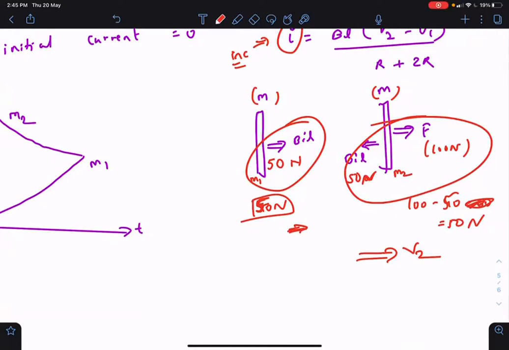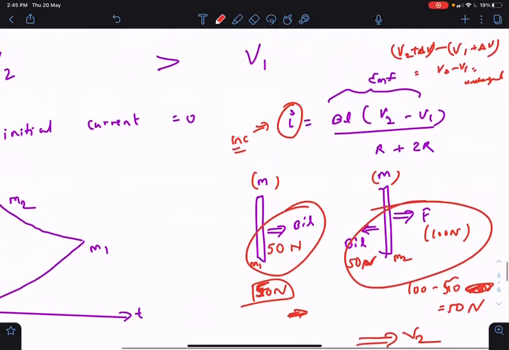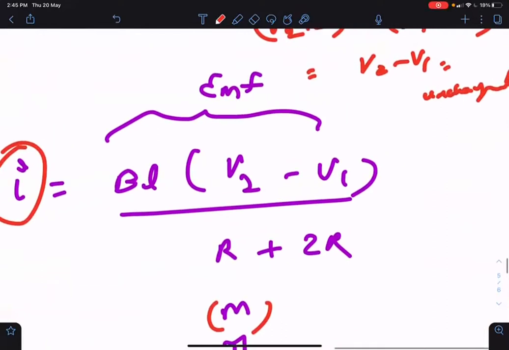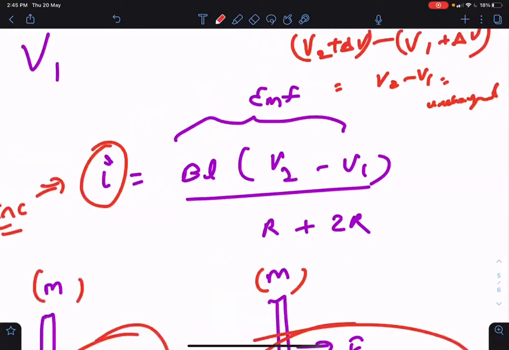And the same force means the same acceleration. So with the same acceleration, after the next dt time, because of the same force, there is the same increase in velocity. And when the same increase in velocity happens, the difference in the velocity remains unchanged because both increase by the same amount. The difference in velocity remains unchanged, so the current remains unchanged.